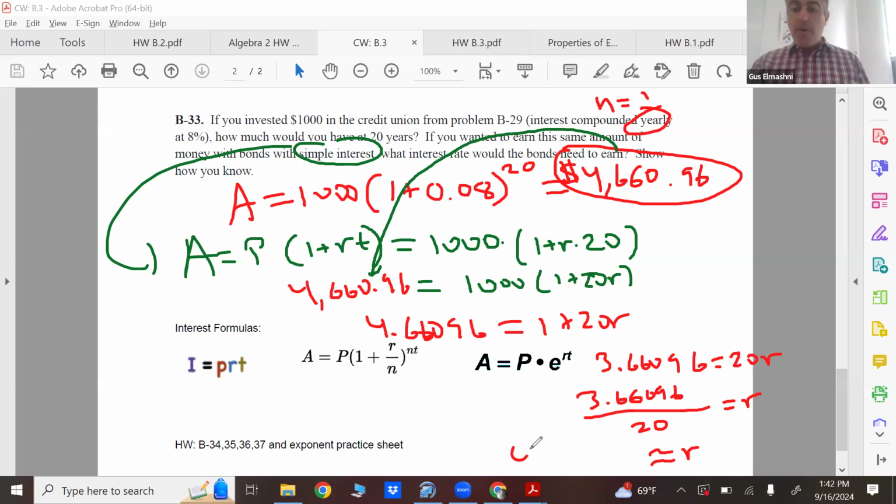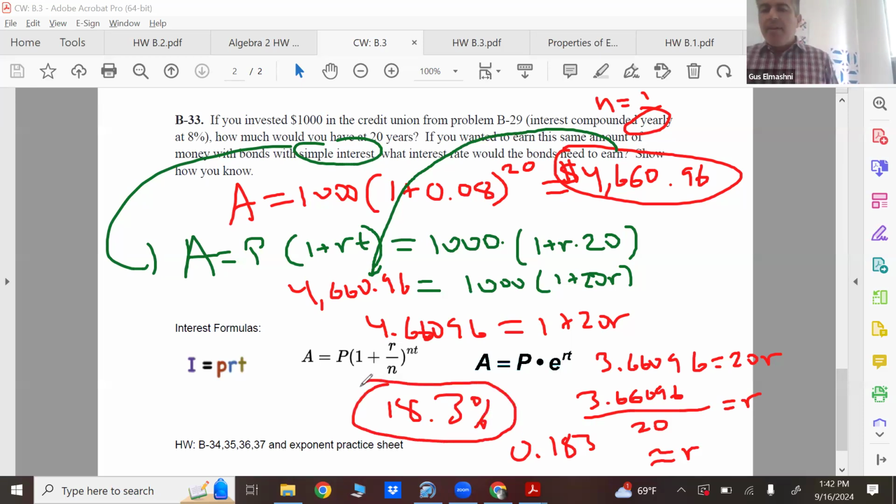You get 0.183 or 18.3%. No bank's going to ever give you that kind of an interest rate. It's too high. But that's what would have to happen for the simple interest to catch up to the compound interest. You need to have a much higher interest rate for something to get caught up.